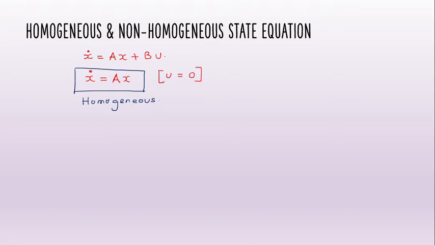Next, naturally you can understand that this equation where input exists will be non-homogeneous. So this is the homogeneous state equation and this is the non-homogeneous state equation.